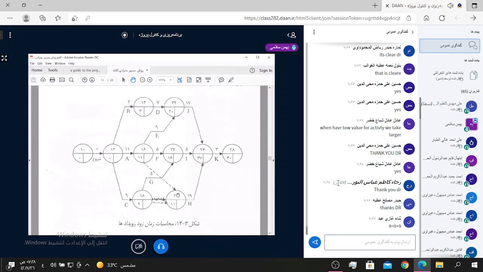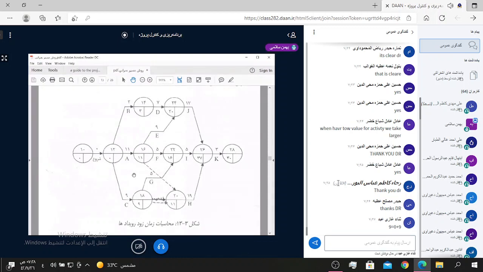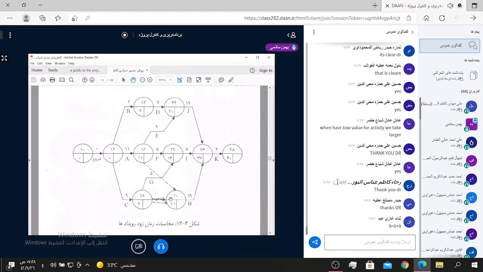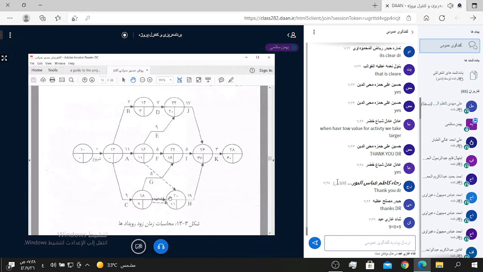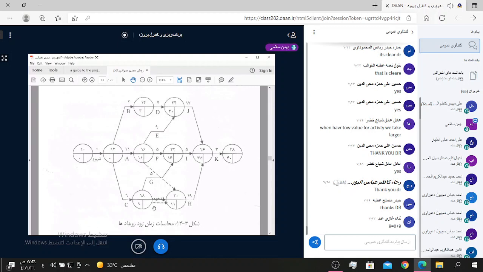Node 20 is different from the last nodes, node 18 and node 16, because node 20 has a relationship with two nodes, node 16 and node 18, through two dummy activities.